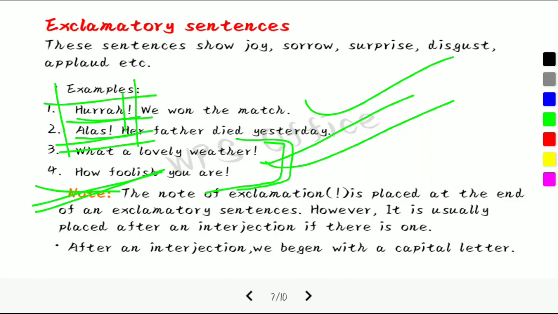After an interjection, we begin with a capital letter. When we place an exclamation mark after an interjection, the next word should be a capital letter. This should always be remembered. This is a rule, right?